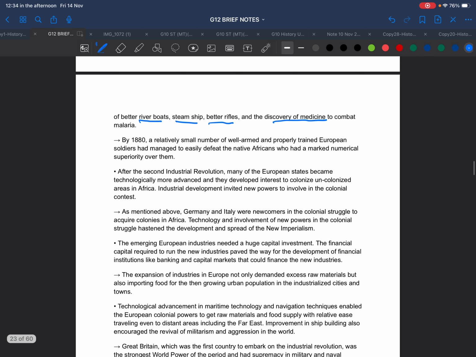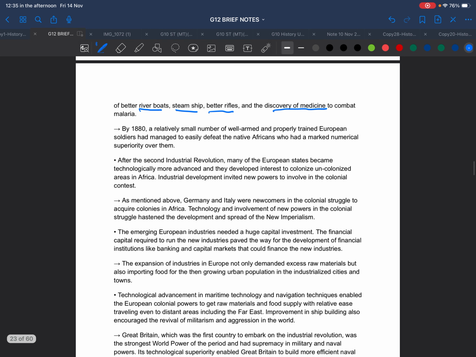They came up with technological findings. As a result of their advanced technology, which appeared in Europe, the way was paved for Europeans to come to Africa because they had these things.